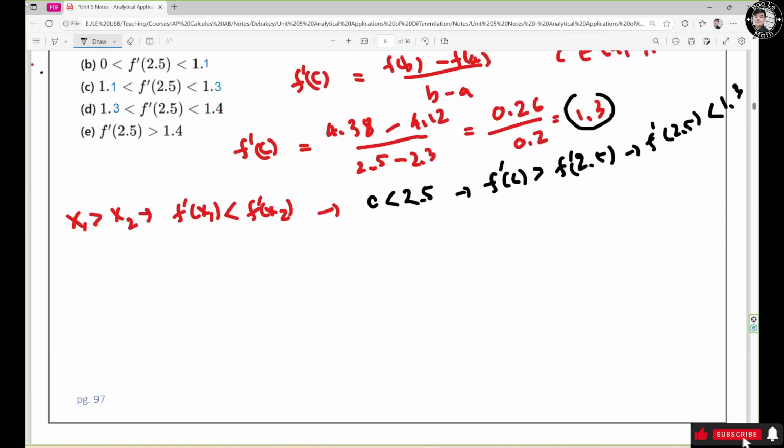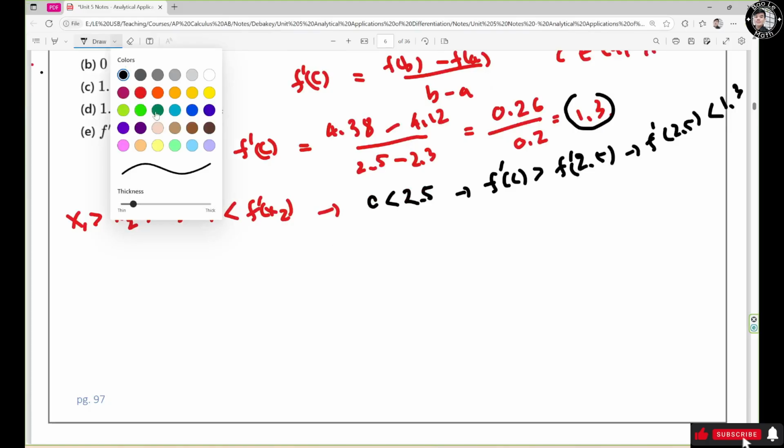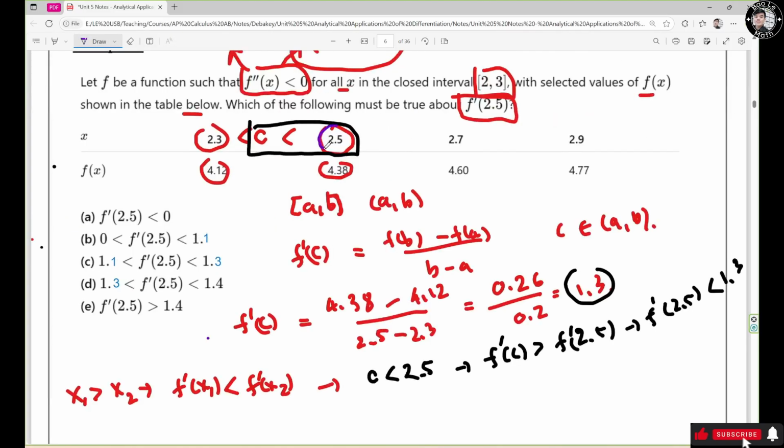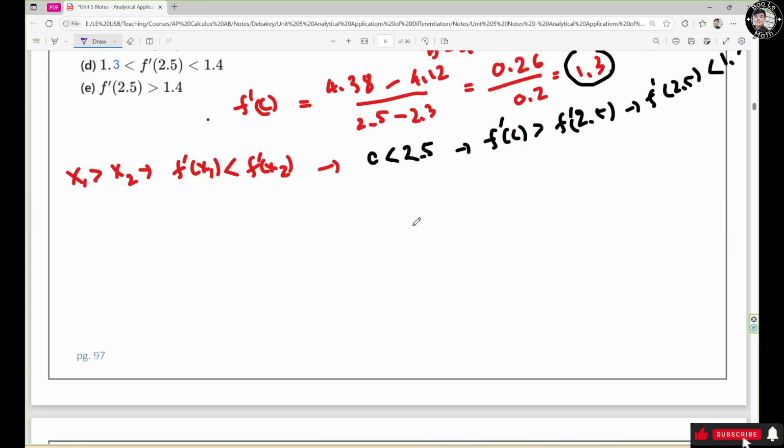Now similarly, I'm gonna apply the mean value theorem one more time. This time I'm gonna pick the interval 2.5 to 2.7, right? So I have the value of c between 2.5 and 2.7, right?